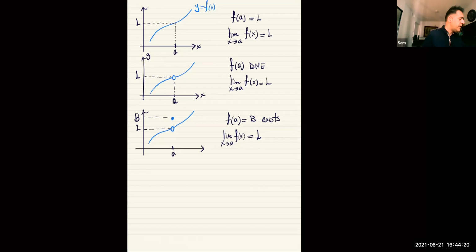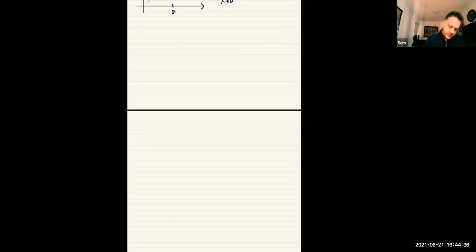Let me show you an example of maybe this scenario. Let's say f of x is equal to x squared minus 1 over x minus 1.